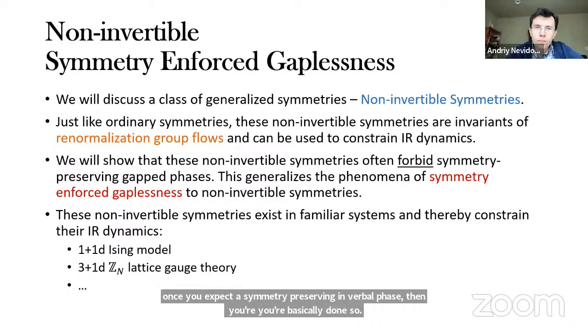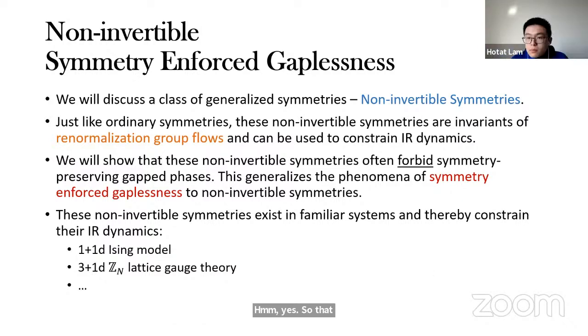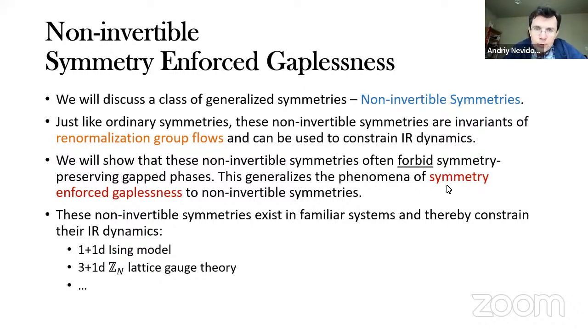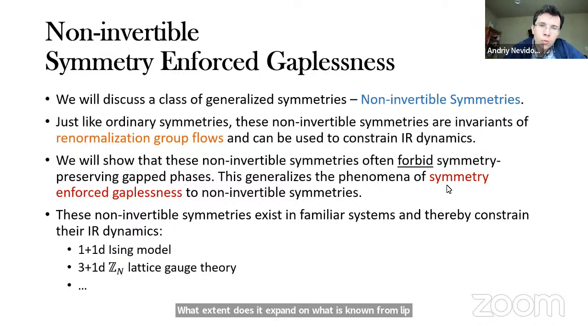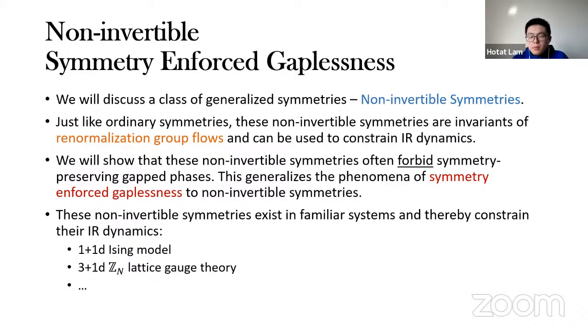Okay, I follow. Does that answer the question? Maybe. Just to clarify, in 1+1D, to what extent does the result expand on what is known from Lieb-Schultz-Mattis type theorems, or is it just a different way of obtaining the same result? Good. In 1+1D, if I'm staying in the realm of invertible symmetries, then this is the same as the Lieb-Schultz-Mattis theorems.